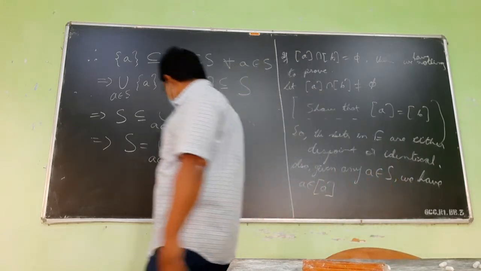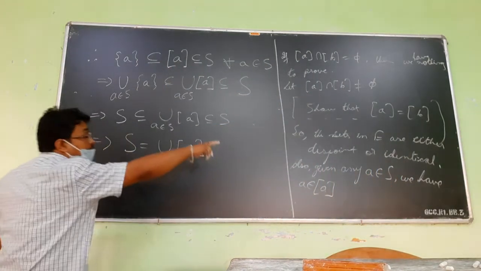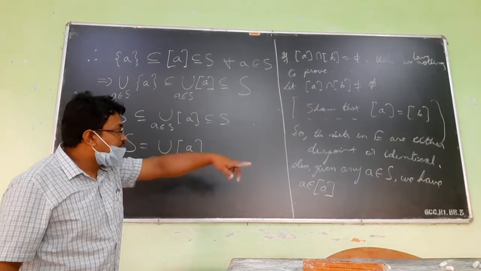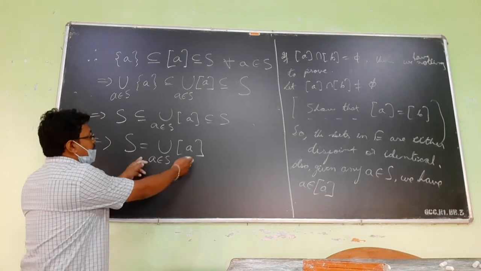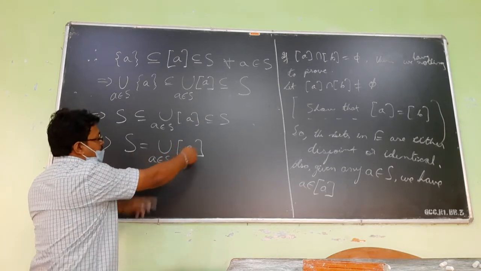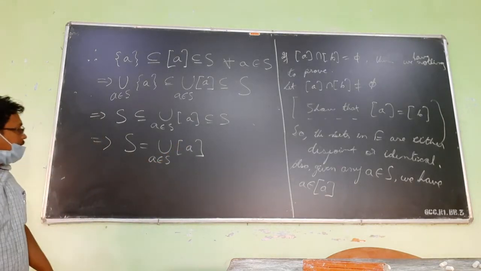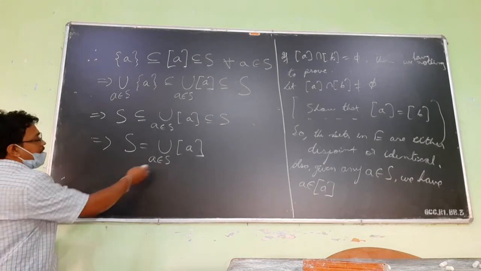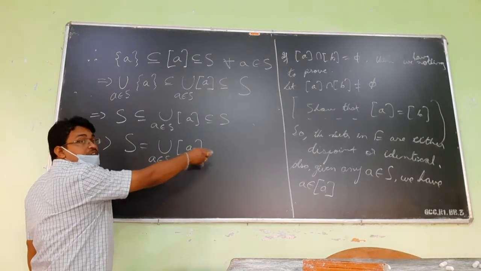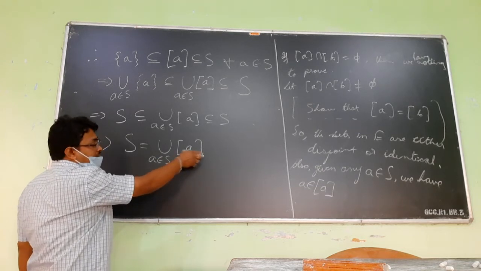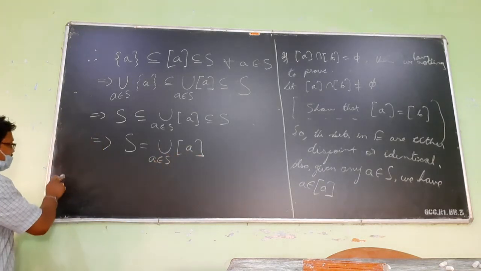Next we have to conclude. From here I will not write E is a partition, because in E I have taken all equivalence classes. In this union I have taken all equivalence classes. So many repetitions are there. Okay, so just one line I have to add, that we will not consider repetitions here. Okay, we will take only distinct equivalence classes here.